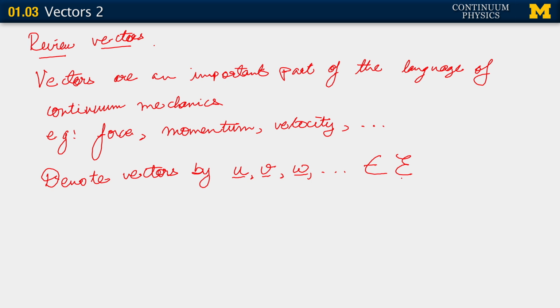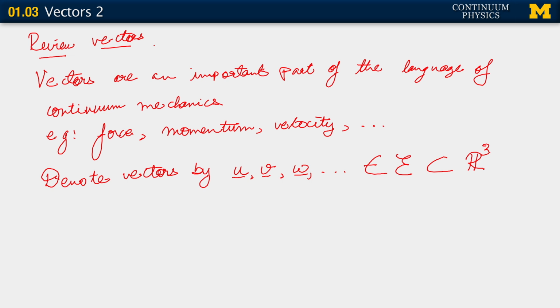This arrow here may represent maybe a force acting on this body, and so on. However, we just observed that these vectors are objects that live in three-dimensional space. So they belong to the space E, which itself is a subset of R3, because these are vectors in three-dimensional space.